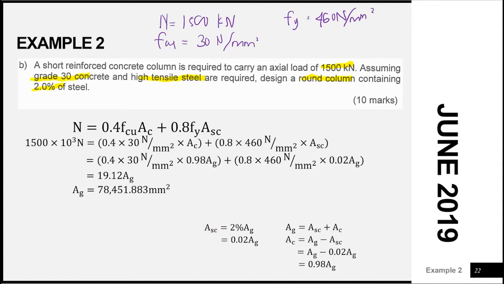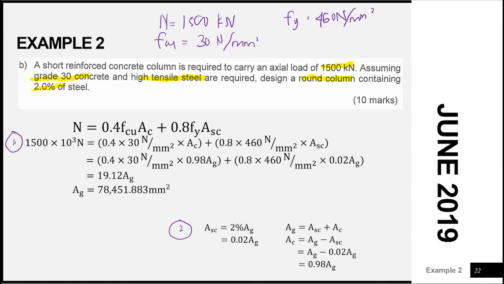Okay, next we move to here. Okay, first kita kira kita masukkan ni dulu. Okay, and then kita switch kat sini. Okay, you nampak we know that ASC adalah 2% daripada area of column. Tapi kat sini, G kat sini bukan area of column. G kat sini adalah gross area of column. Because kita tak tahu lagi berapa sebenarnya area of column.